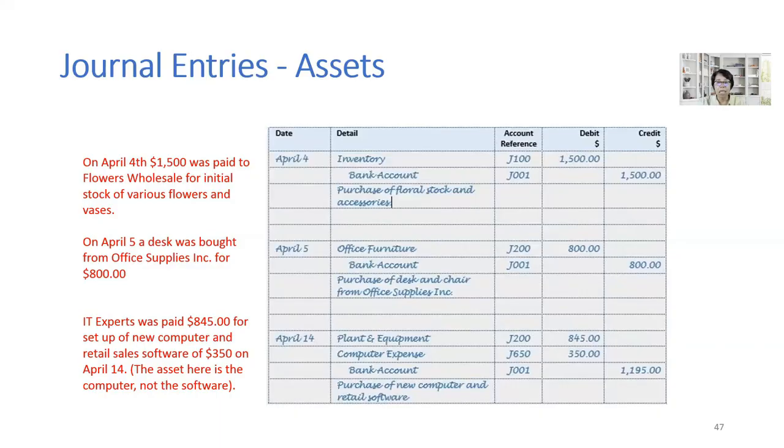Okay. And then they had a computer expense of $350, but they wrote one check to IT Experts. They wrote one check for $1,195, but it was for two items, right? It was for equipment and for software. So this is called a split transaction, but do the debits equal the credits? Yes, the debits equal the credits. They both equal $1,195. So your books are still in balance.